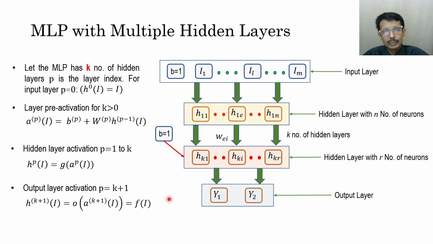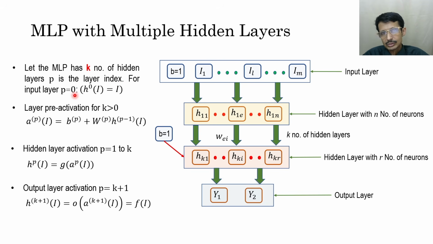Now we try to understand how the multilayer perceptron with multiple hidden layers does the forward pass. As said before, this multilayer perceptron has k number of hidden layers, and p is the layer index.